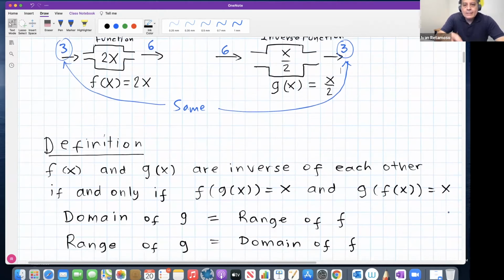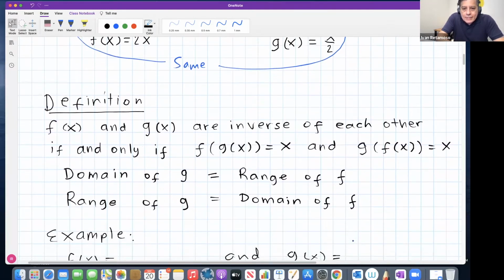Now, since these inverse functions sort of switch input and output values, then the domain of the inverse function g will be the range of the original function, right? And the range of the inverse function will be the domain of the original function, right? Okay.